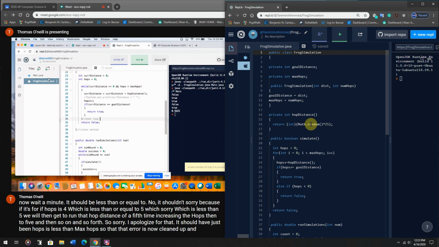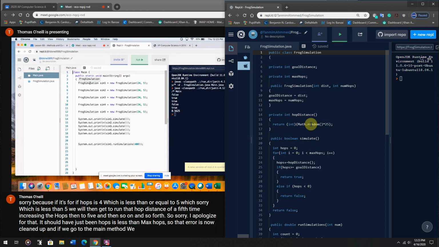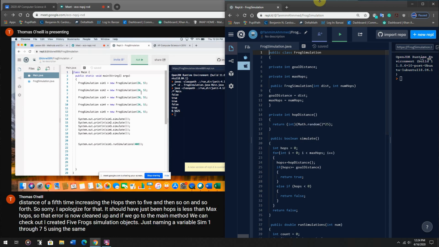If we go to the main method, I created 5 frog simulation objects, naming a variable sim1 through sim5, using the same parameters each time.